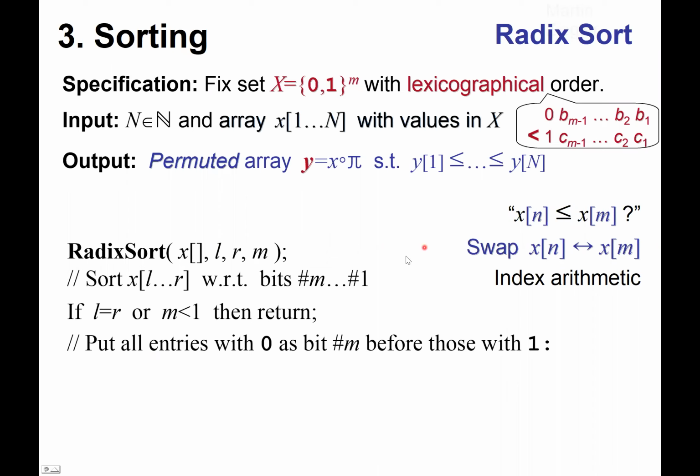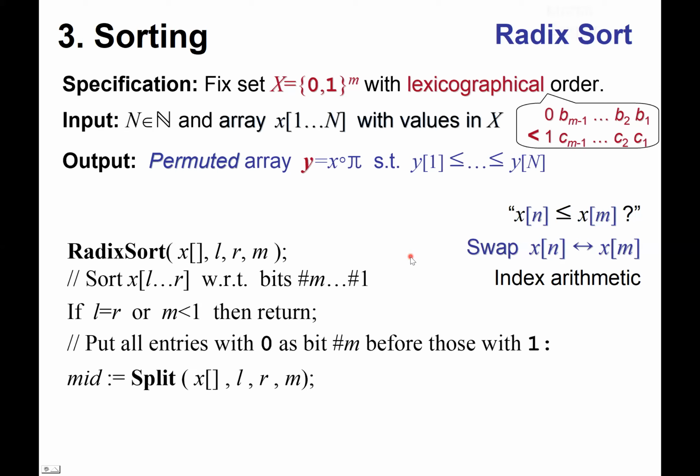because that has the priority in lexicographical order, and it uses this split operation that we also had seen before when considering the linear time median and when considering quicksort. Namely, it puts all entries, all bit strings that start with 0 in front of all those that start with 1.